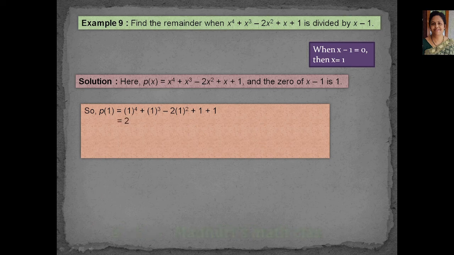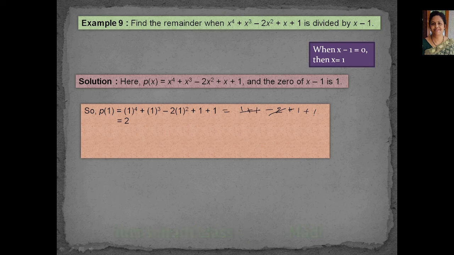So 1 raised to 4 is equal to 1, 1 cubed is 1, and minus 2 into 1 squared is minus 2, plus 1 plus 1. So 1 plus 1 is 2, minus 2 is equal to 0.